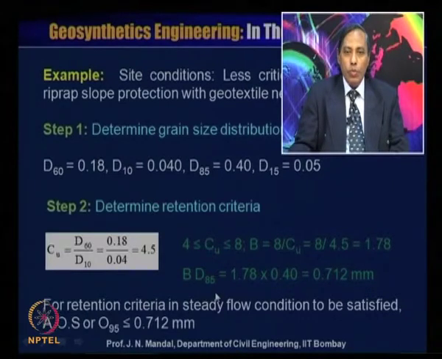So B into D85 is 1.78 into 0.40, which is 0.712 millimeter. So for the retention criteria in the steady flow condition to be satisfied, the apparent opening size of the geotextile, O95, should be less than or equal to 0.712 millimeter.